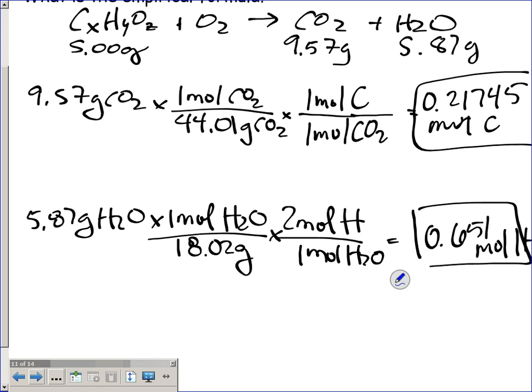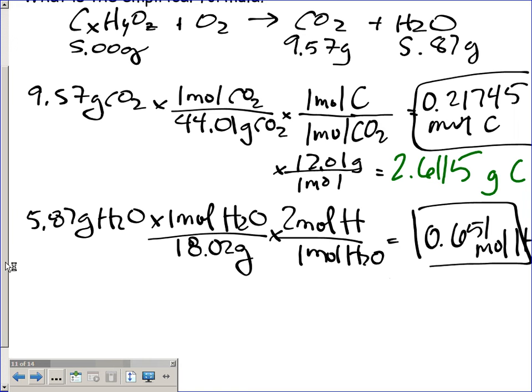So, let's convert. I'm just going to take that, and 1 mole of carbon is 12.01, and that is, thank you, I hear you, 2 point what? 1. I'm going to go just a little farther, just in case. And then this for hydrogen, 1 mole of hydrogen is 1.008.